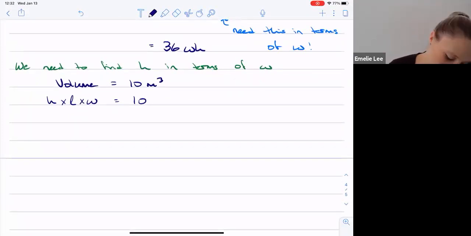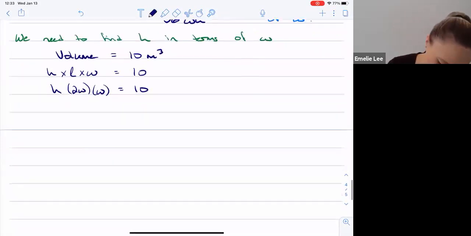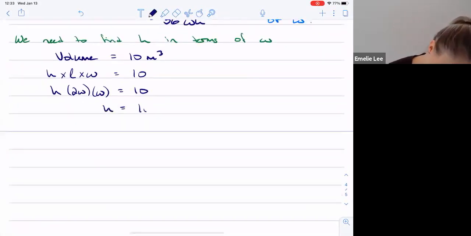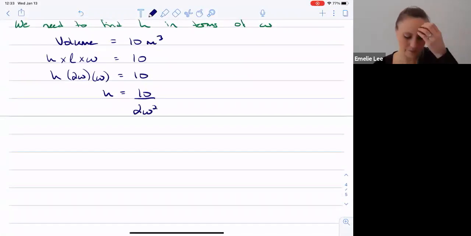So H times 2W times W is 10. So what I have is 2HW squared, or if I'm solving for H, I'll just do 2W squared, and then I can divide that over. So solving for H, I get H is 10 divided by 2W squared.